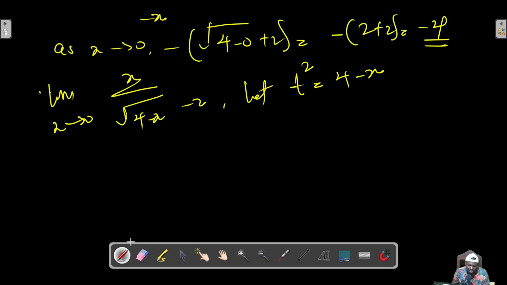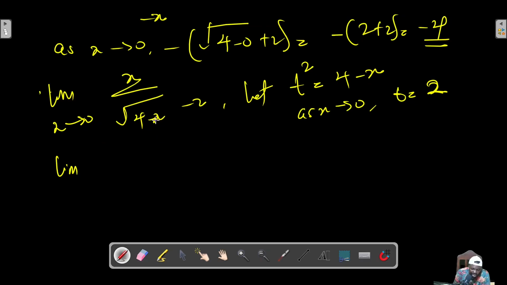Our limit is also changed, mind you. As x approaches 0, t squared is equal to 4 minus 0, so t will be plus or minus 2, but we'll take the positive root, as we are not talking about a one-sided limit.